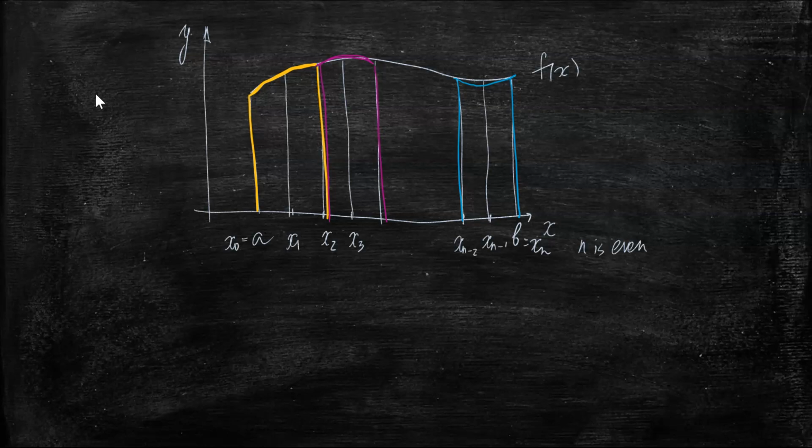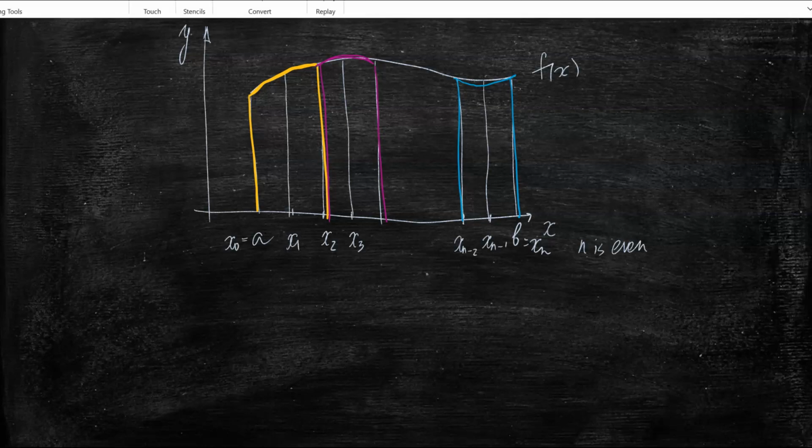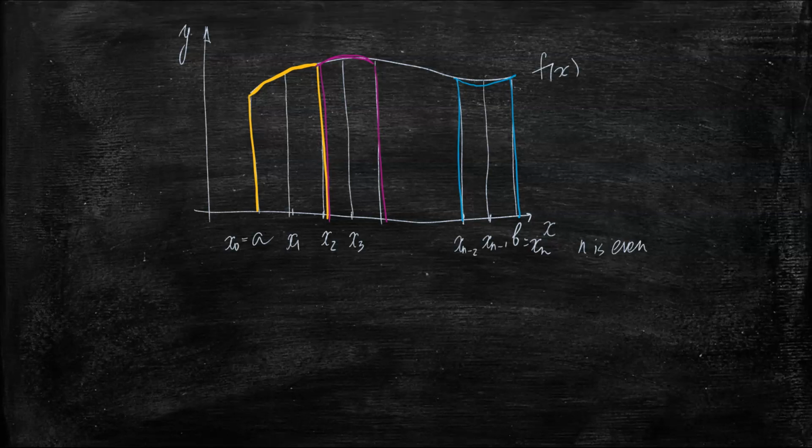And what's going to happen next is we will be able to find the first area. So this area is 1/3. And now I'm just going to use the following notation. So yi is just f of xi. So here, instead of writing f of x0, I'm just going to write y sub 0.